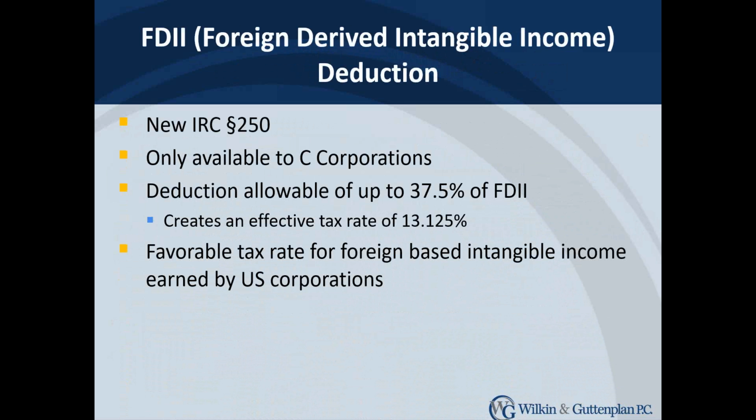And the word intangible is also misleading here, because it could be any type of income, including sales of product and services provided to foreign people. So in essence, it provides an export subsidy to U.S. businesses, and it may or may not be challenged in court by the World Trade Organization, as they have in the past for these types of subsidies.